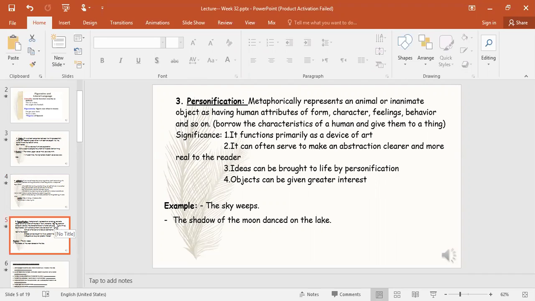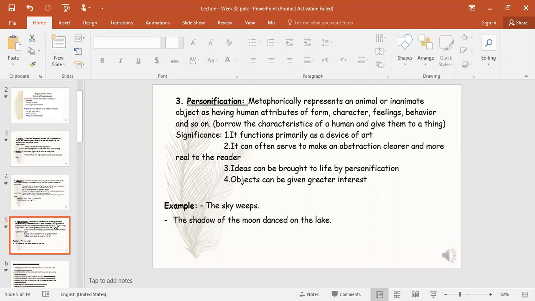Now we move to the third kind of figures of speech, which is the personification. Let's explain together. The personification is a word which contains the word person. Personification, person.